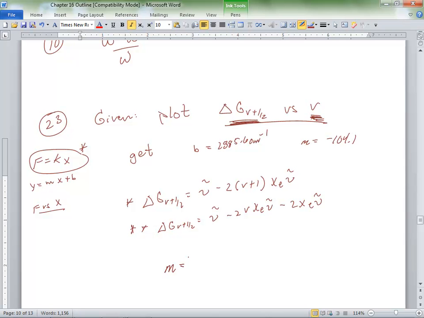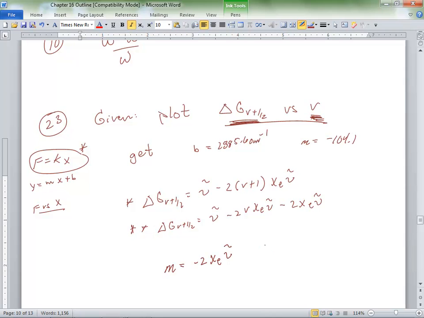Negative 2 omega_e x_e. That would be your slope. It's everything you're multiplying by what you're plotting against. So slope is negative 2 omega_e x_e.